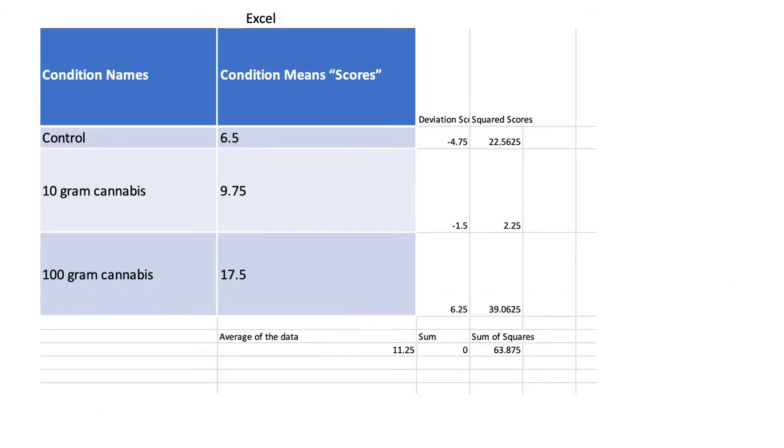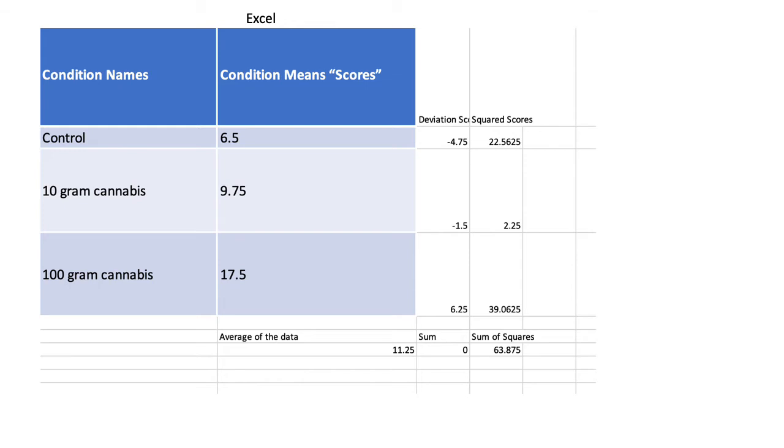This should now be old hat. I have my condition names, I have those means. I want to calculate the sum of squared deviations of those means from their mean. If you look, when I average those three numbers together, we see a mean we've seen before, 11.25. That's our grand mean.